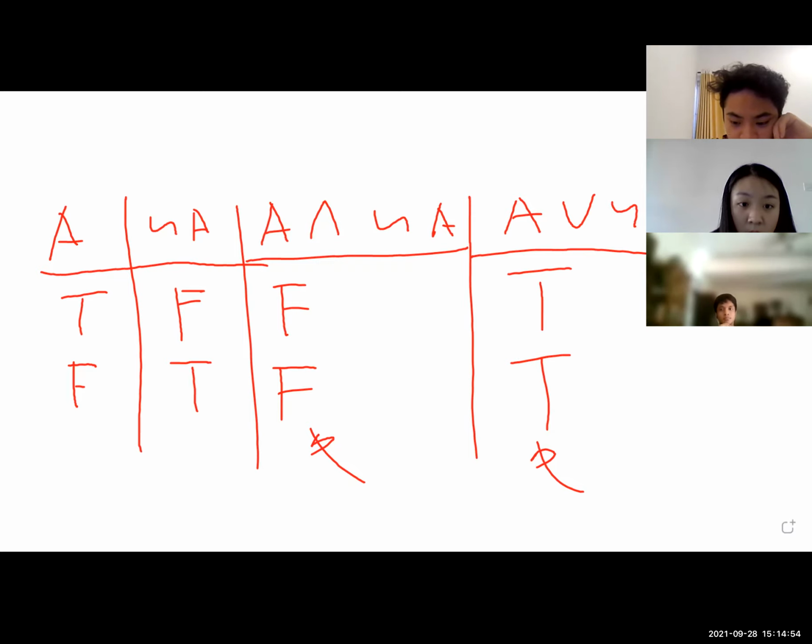Okay. Now this is kind of a big thing: deduction from inconsistent premises. This is important. Any argument with inconsistent premises is deductive, regardless of what the conclusion says.